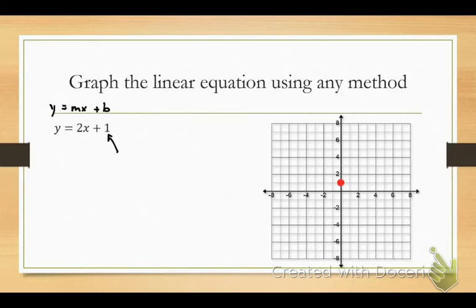Then how do I know where to go from there? Follow your slope. Up 2, over what? Over 1. So up 2, over 1, plot your point, and now we draw our line straight through.